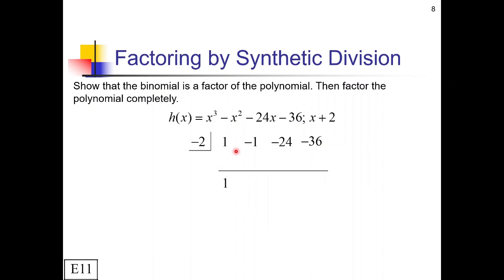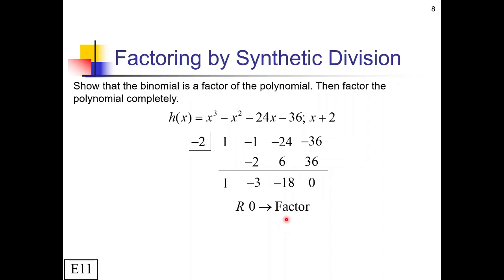Negative 2 times 1 is negative 2. Negative 1 and negative 2 gives me negative 3. Negative 2 times negative 3 is 6. Negative 24 plus 6 is negative 18. And then negative 2 times negative 18 is positive 36. Add that to the negative 36, and we've got a 0. Since we have a remainder of 0, this is what proves that we have a factor in x plus 2.